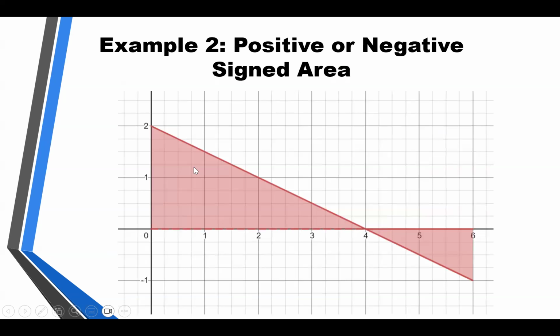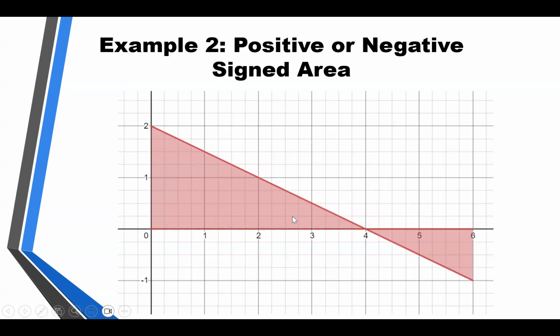And for part of our signed area, our line is above the x-axis, and for another part, our line is below the x-axis. Now, hopefully we can see that the amount of area above the x-axis is bigger than the amount of area below the x-axis. Again, this time we're going from 0 to 6.